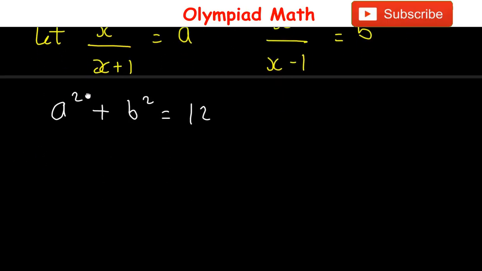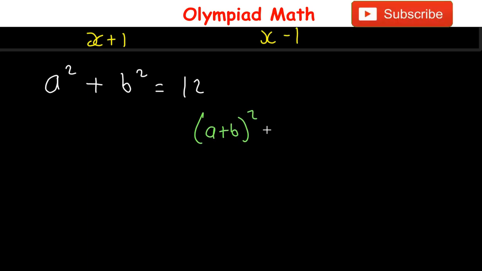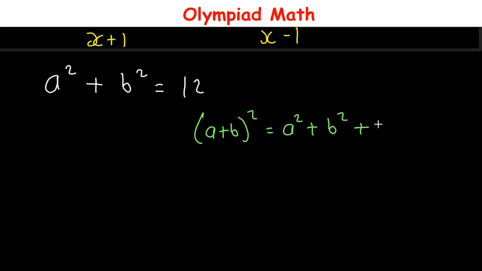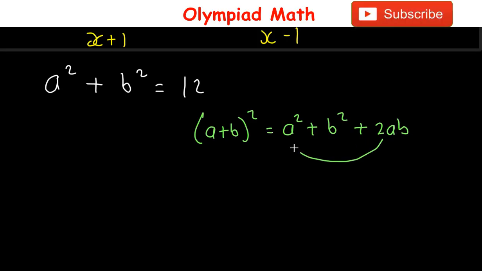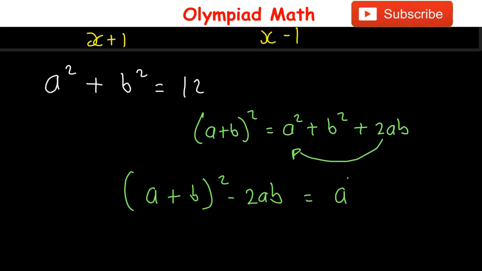Next, making use of this identity: if you have (a + b)², this equals a² + b² + 2ab. And if you move 2ab over to the left hand side, this becomes (a + b)² - 2ab, and this equals a² + b².